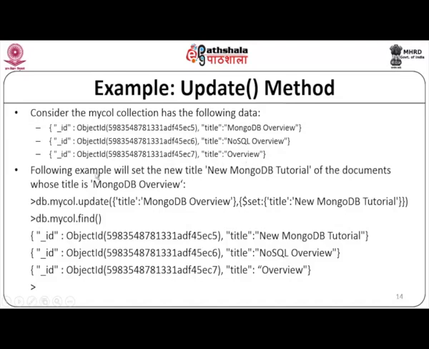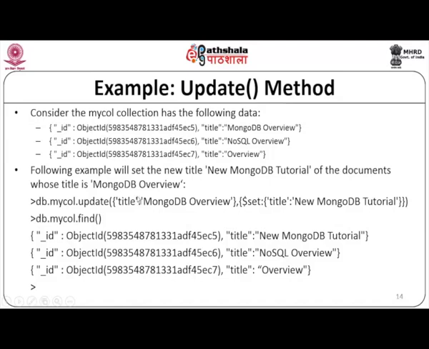Suppose you are going to execute a command aimed at setting the new title, new MongoDB tutorial, for the document whose title is MongoDB overview. So, now from the collection you can see MongoDB overview is the first document. Suppose you want to change the title of this document, then you should supply the new name, which is new MongoDB tutorial. So, you can make use of the update method.